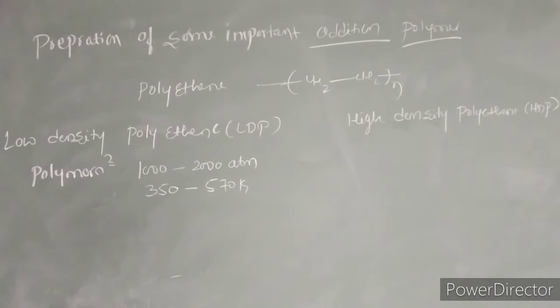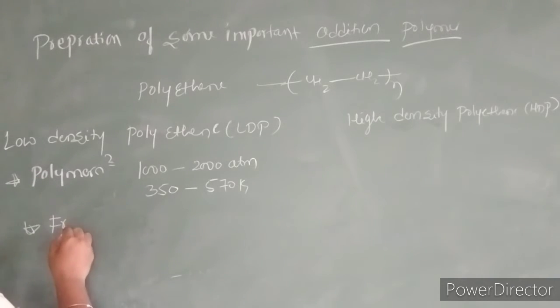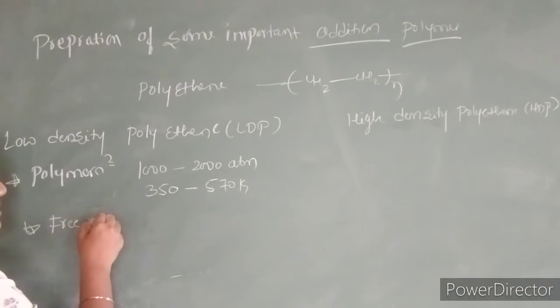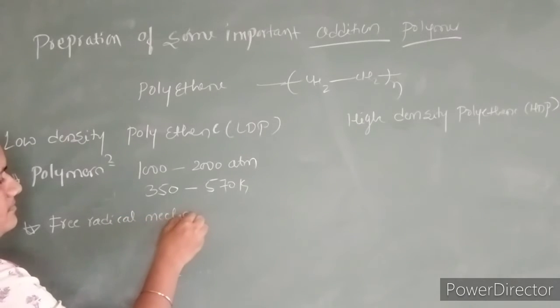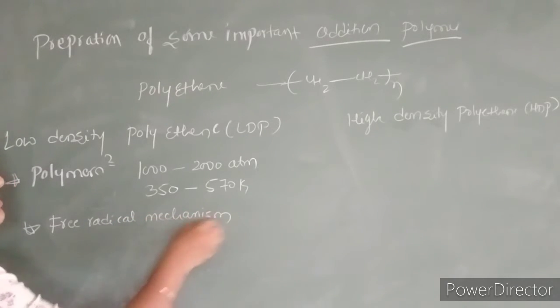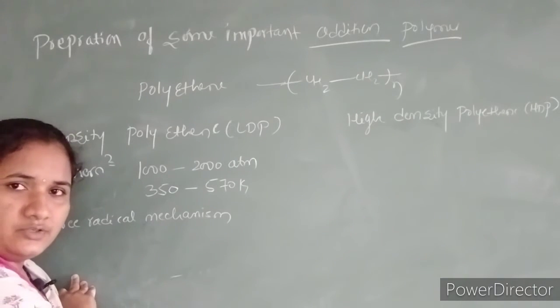Peroxide or dioxygen acts as a catalyst or initiator. So this is also obtained through the free radical mechanism. The low density polymerization reaction occurs through the free radical mechanism, and here we get some branching due to abstraction of a hydrogen atom.